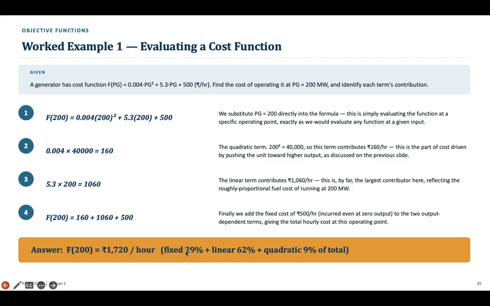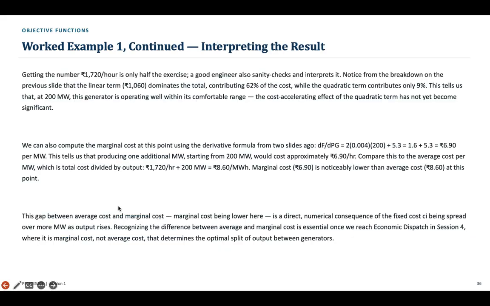So fixed is 29%, linear is 62%, quadratic is 9%. So this is the fixed 29%, this is the linear increase, that is 62%, quadratic is 9% of the total. So this is how you can understand. So when you look into this result, we can interpret here.